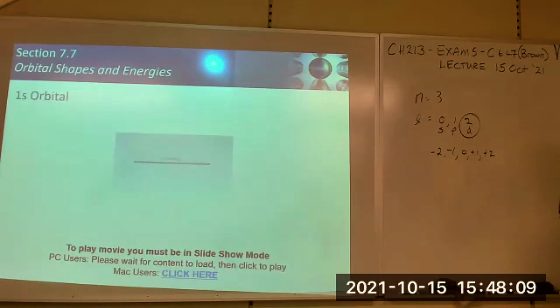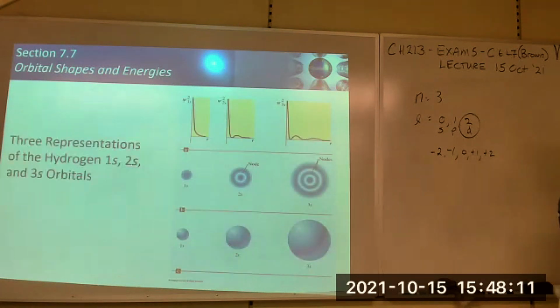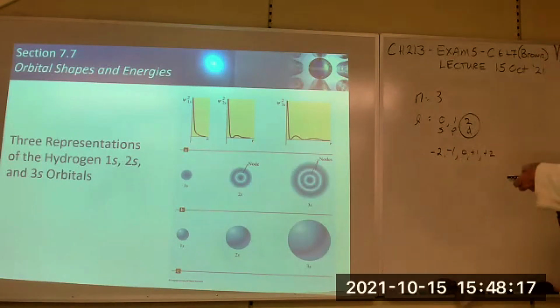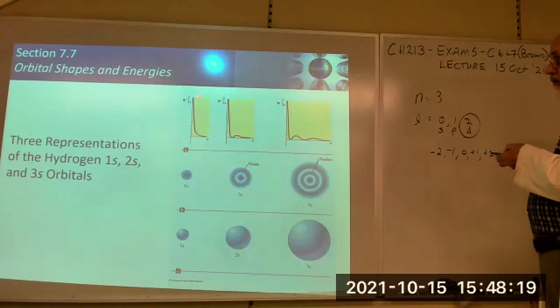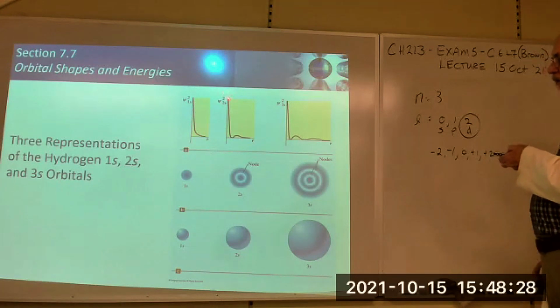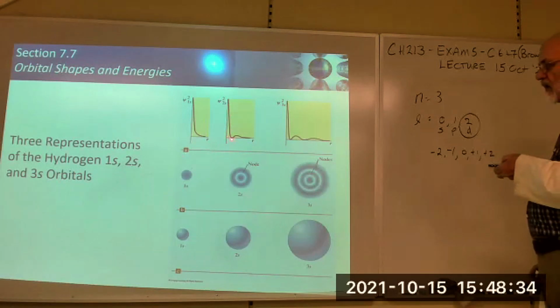These talk about the shape of the orbital, like the 1s orbital is spherical. All the s orbitals are spherical. The 1s orbital is simple. It's just most concentrated close to the nucleus and decreases out. The 2s orbital, however, has some concentration close to the nucleus, but it drops to 0 here and then jumps back up here.